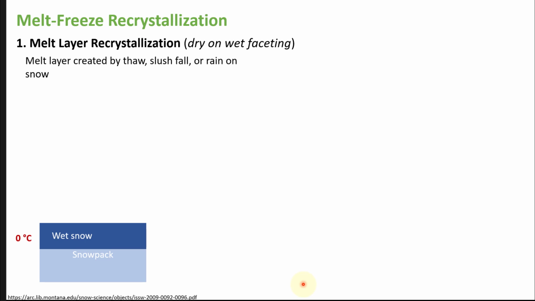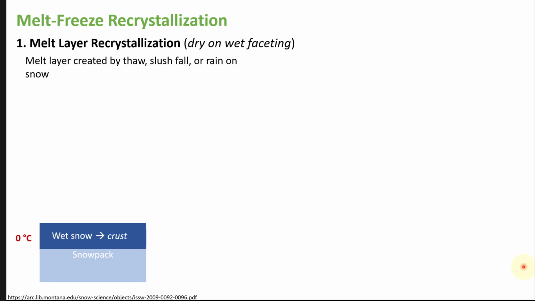You have some slush fall or rain on snow. And what that does is it creates a warm layer of wet snow on the top. Since you have liquid water, remember you're pinned on the equilibrium phase diagram between liquid and solid. That means you're stuck at the melting point, which is 0 degrees in this case. So you're at 0 on a colder snowpack.